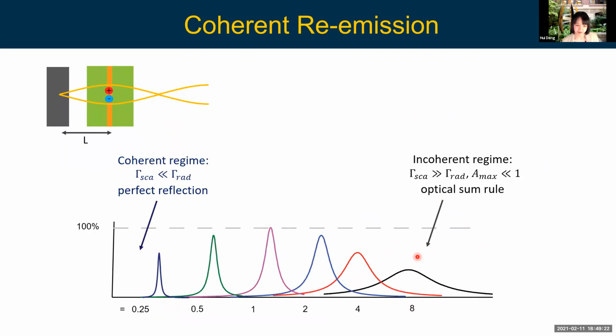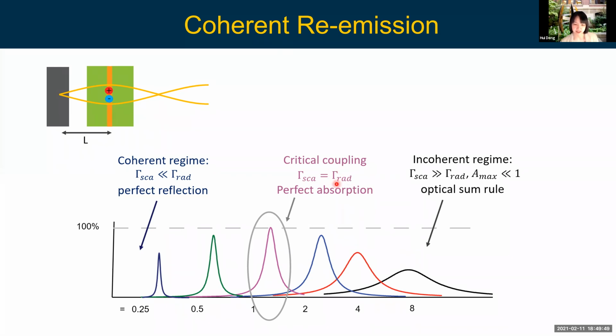Now we still have an interesting point in the middle where the absorption goes to 100%. And 100% means it's complete absorption, or what we call perfect absorption. It turns out that condition is reached when the scattering rate or dissipation rate equals the radiative decay rate.